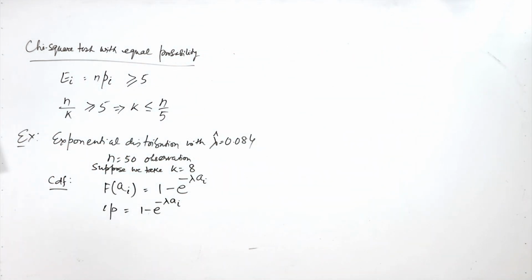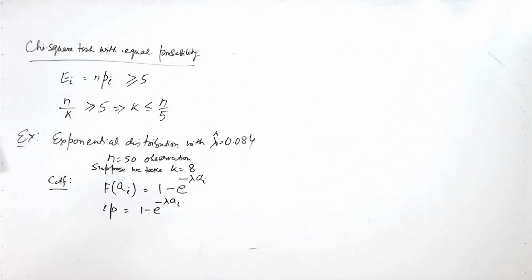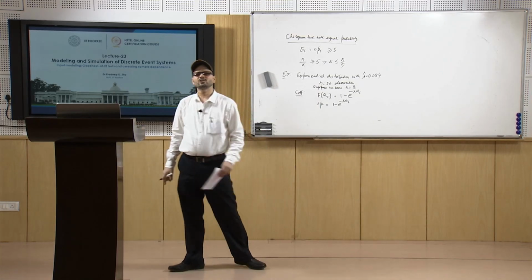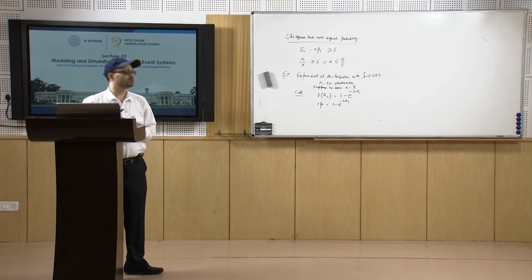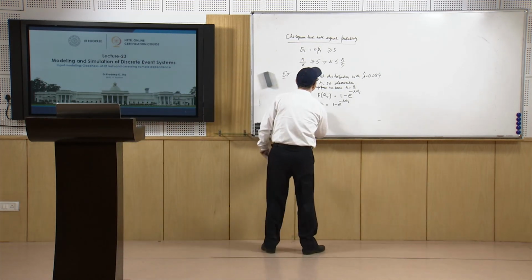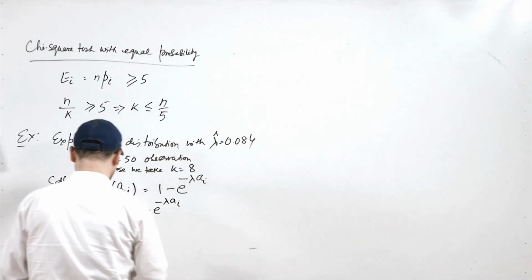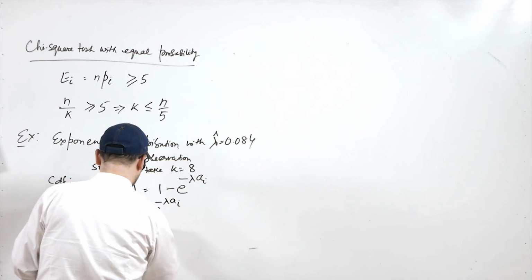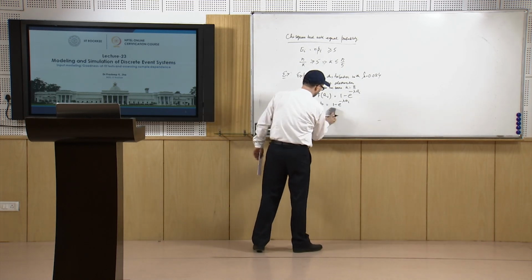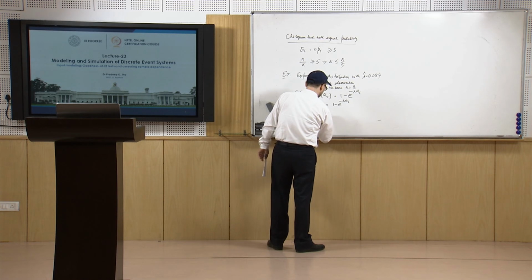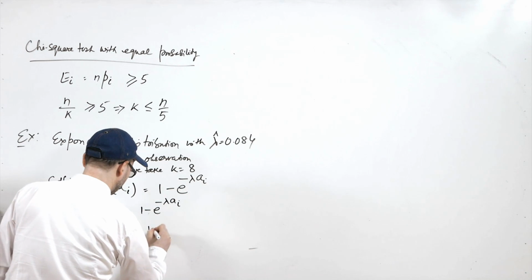Now every time you will have these values. So in every class, IP will be equal to 1 minus e raised to the power minus lambda AI. Now we have to solve this, and we can get the expression more simplified. So e raised to the power minus lambda AI will be equal to 1 minus IP.